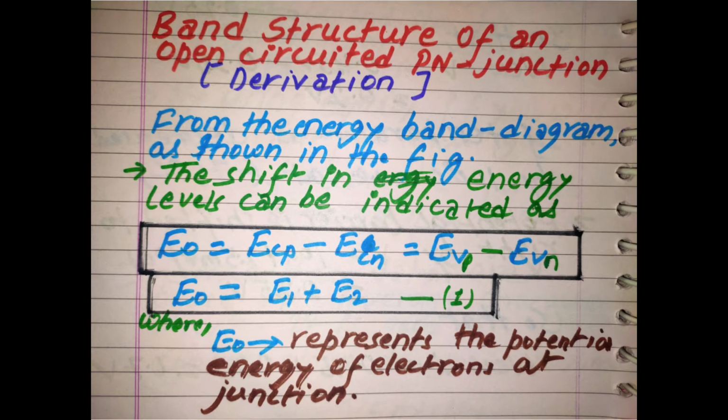From the energy band diagram shown in the given figure, the energy shift level can be indicated as E naught, which is equal to ECP minus ECN, which is equal to EVP minus EVN, and E naught is equal to E1 plus E2. This is equation number 1.